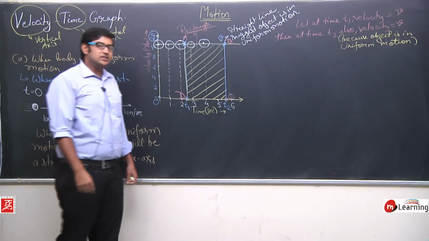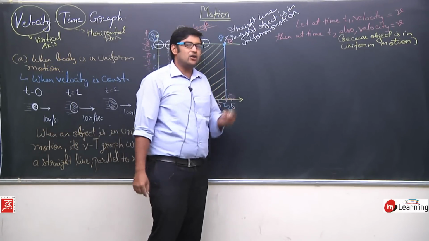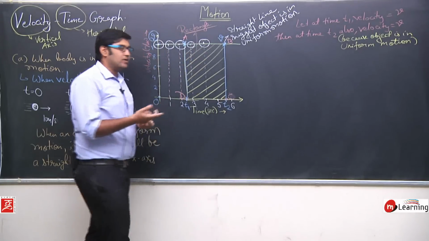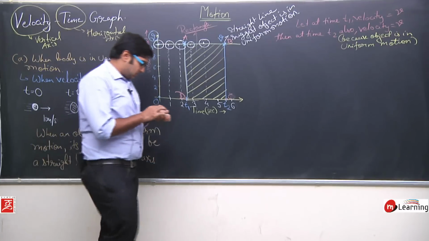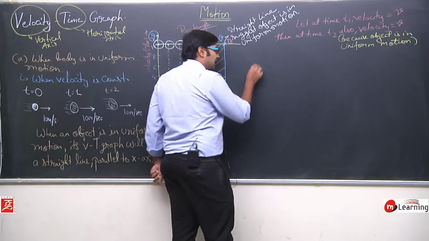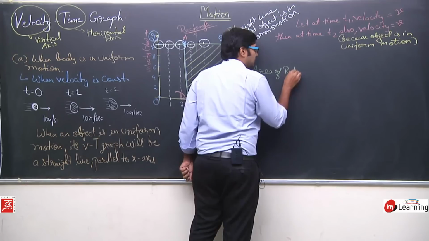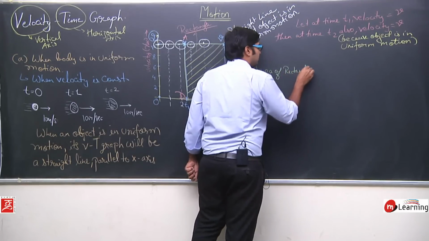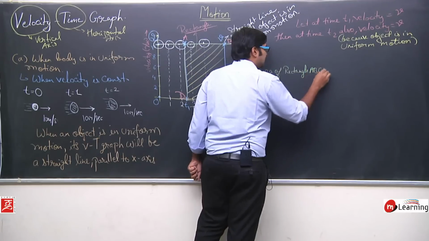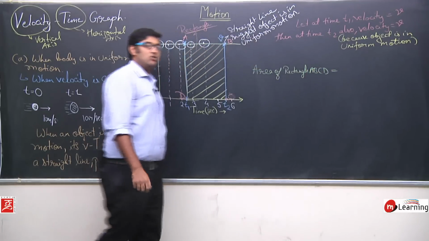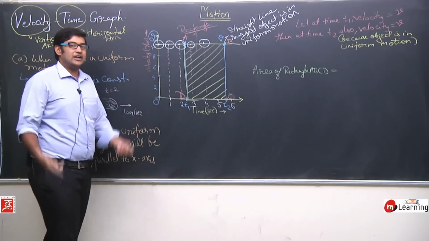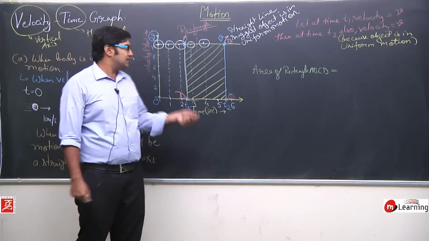Now if I ask you to calculate the area of this rectangle ABCD, how will you calculate the area? Area of a rectangle is length into breadth. Now what is length?